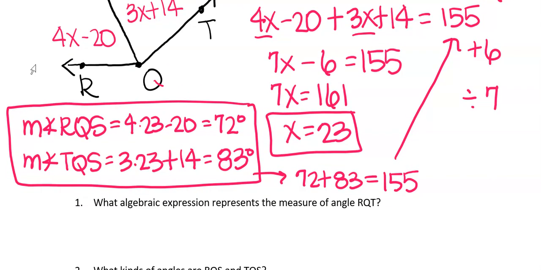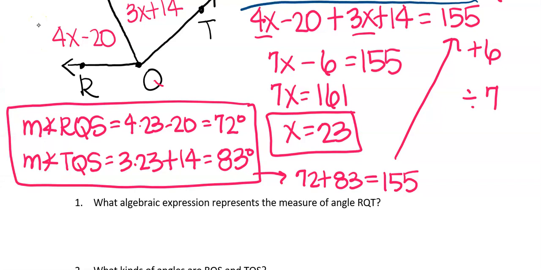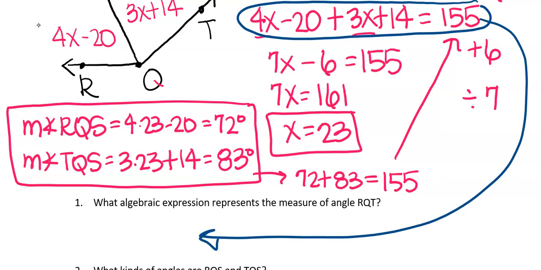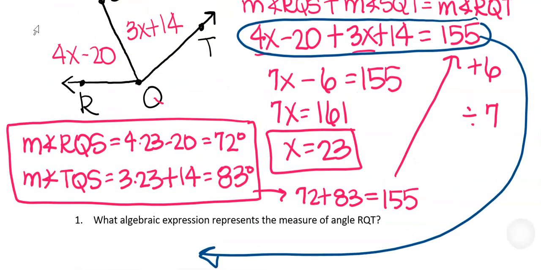Looking at the questions, I'm going to see that we answered everything. What algebraic expression represents the measure of angle RQT? That's this one. What kind of angles are RQS and TQS?